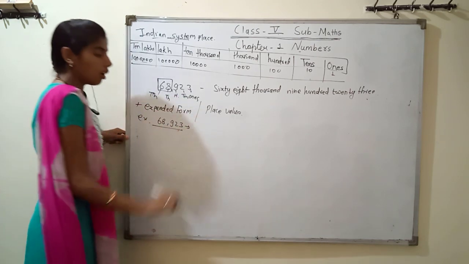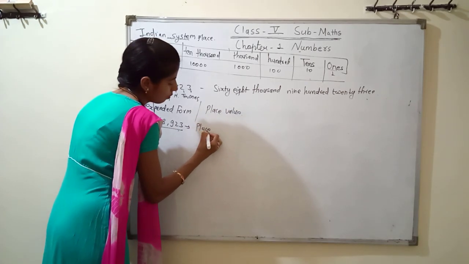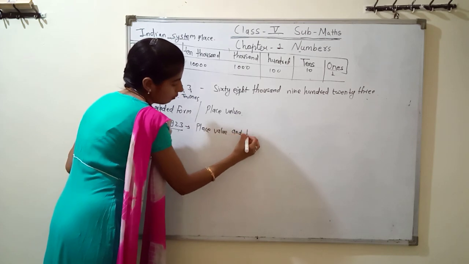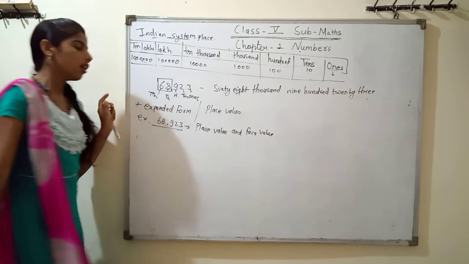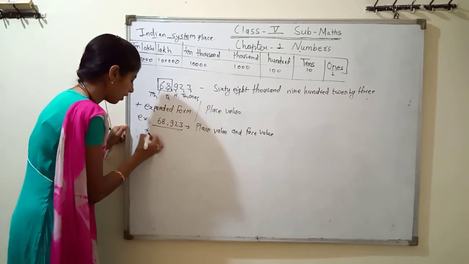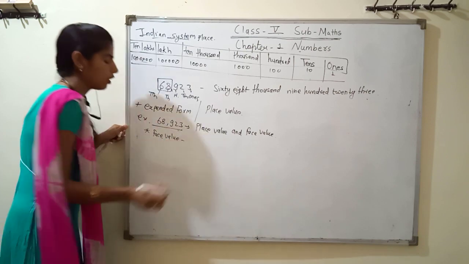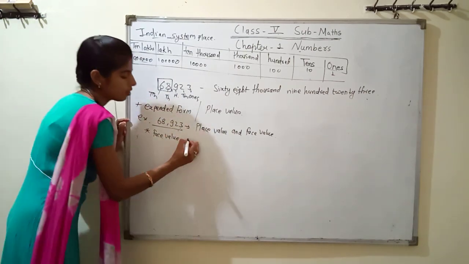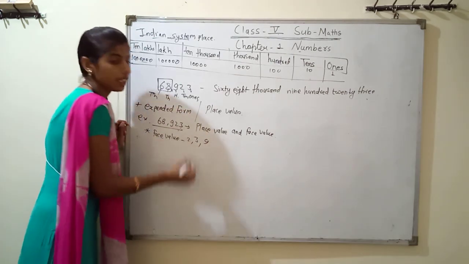In this, if your question says find the place value and face value. Face value is always the same. If the question asks you the face value of 2, it is 2, face value of 3 is 3, face value of 9 is 9.